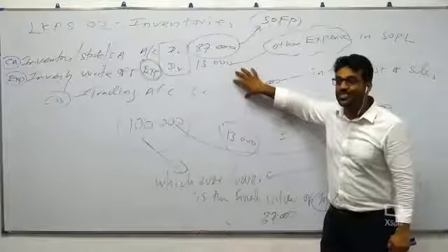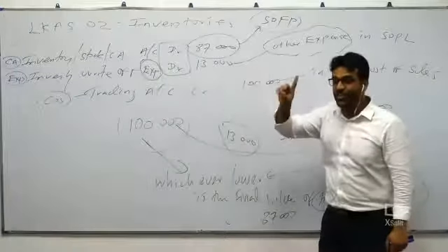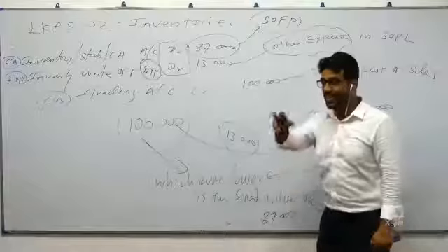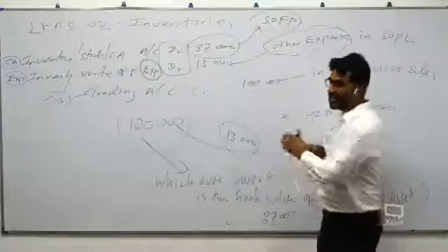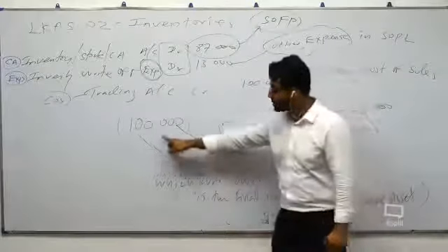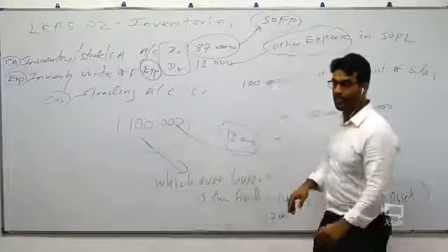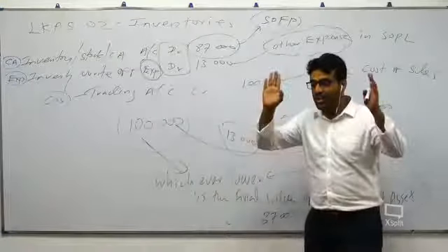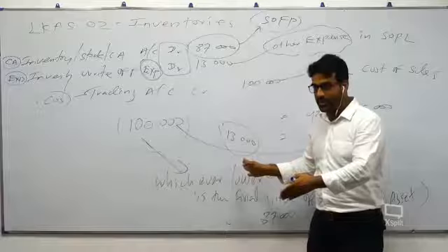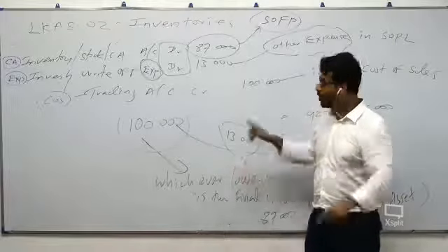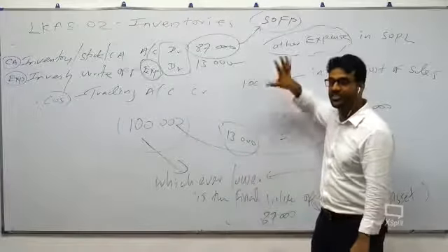You always take the cost. This 100,000 is the cost of the inventory. So even though there is a lower value, you don't record the lower one. You always record the cost of the inventory.